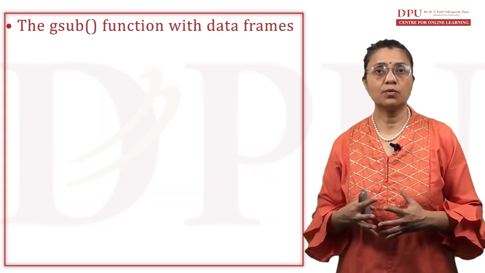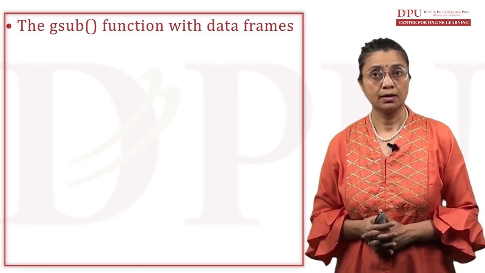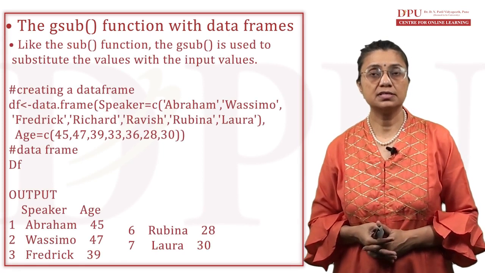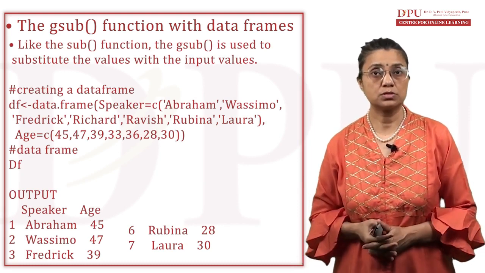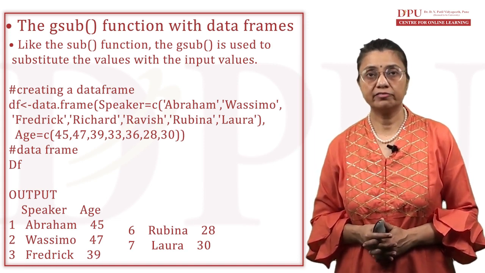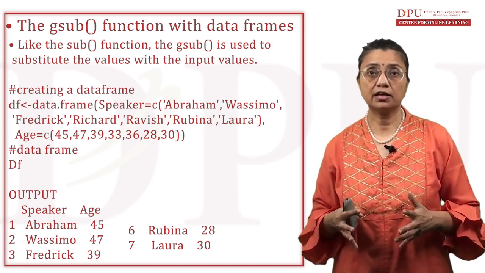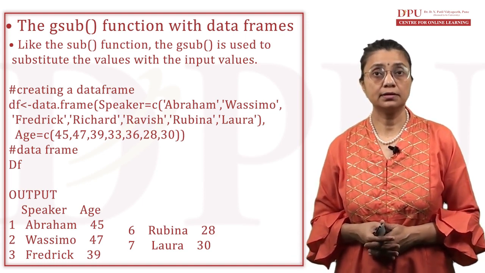Now let's take one more example and understand the gsub function with a data frame. So like the sub function, the gsub function is used to substitute the values with the input values. Let's have a look at the data. We have created a data frame df with the function data.frame. Here we have a column speaker.